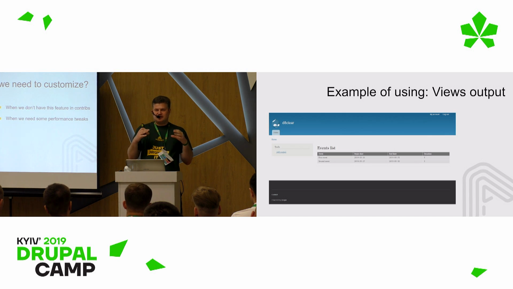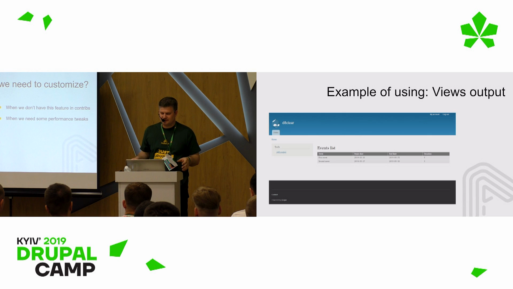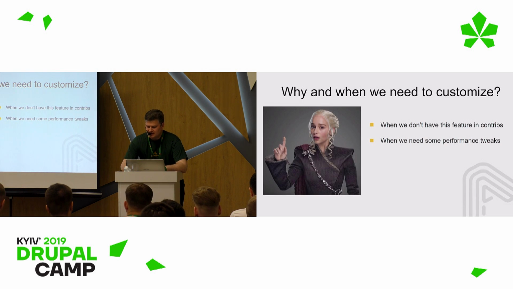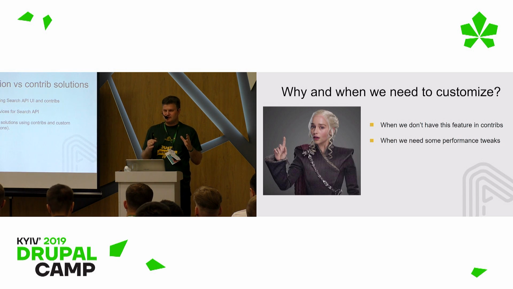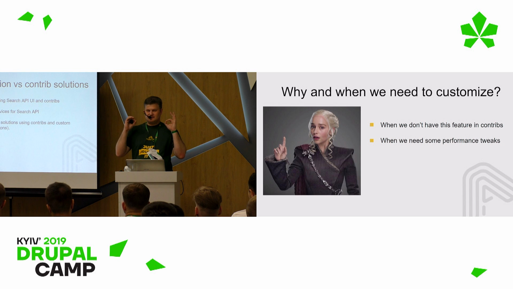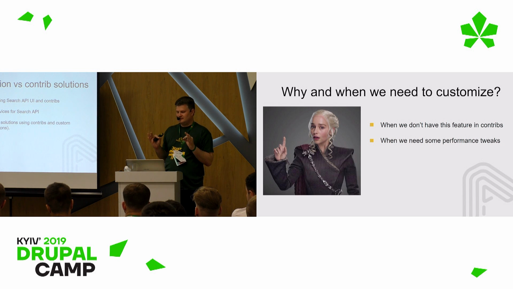If you have something in Search API or other contrib modules, the better way is using contribs. The other case when we need to customize is when we need to do some performance tweaks. So, customization versus contrib solutions. It's a very interesting thing.